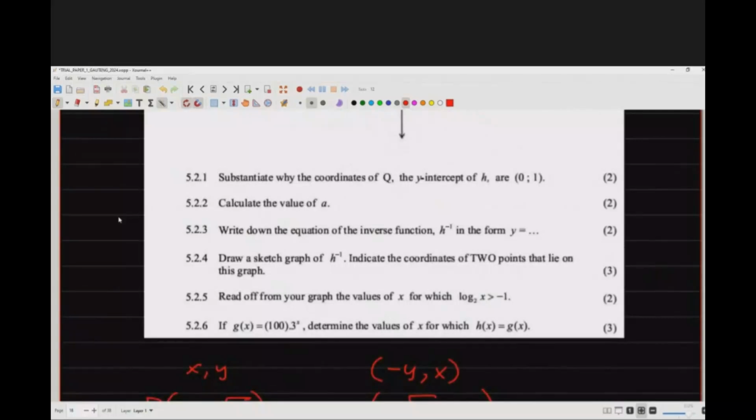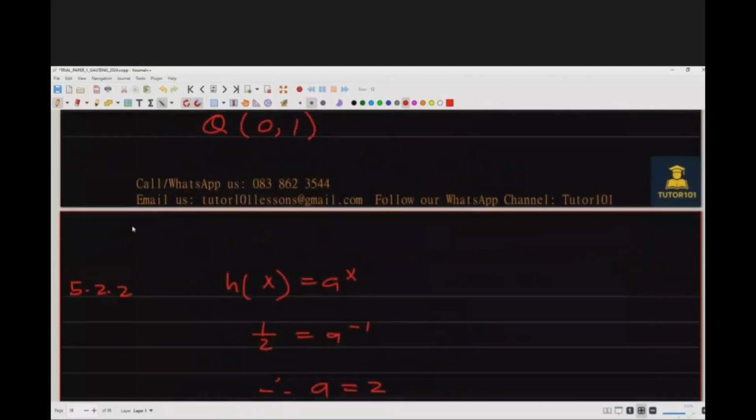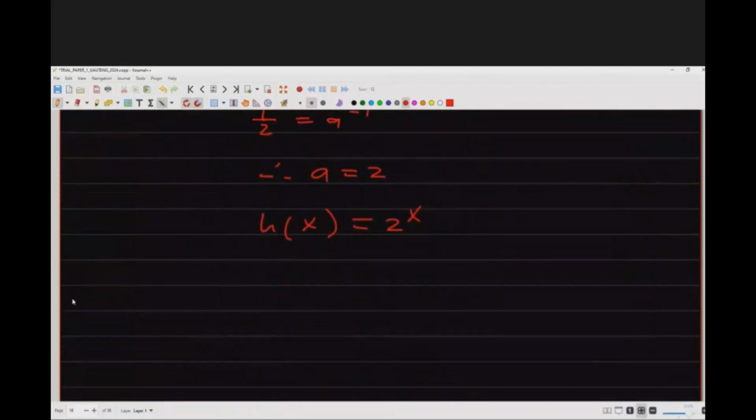And then for 5.2.3, write down the equation of the inverse function h inverse in the form y equals. So 5.2.3, you want to find the inverse of the function.